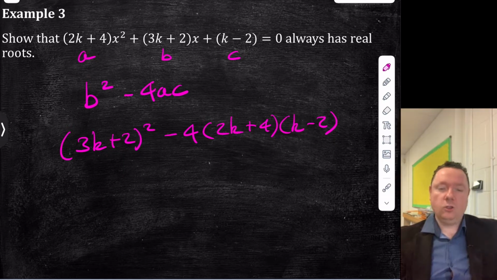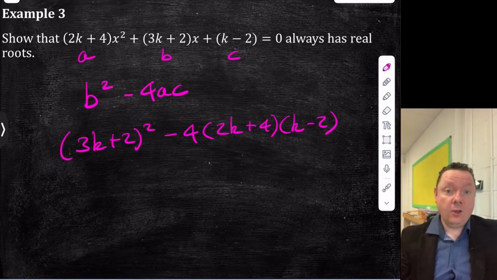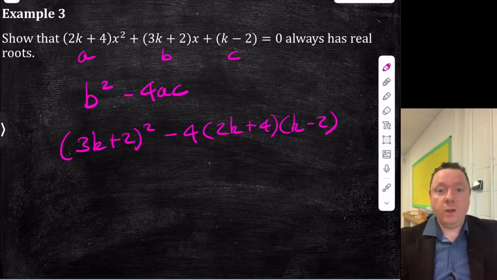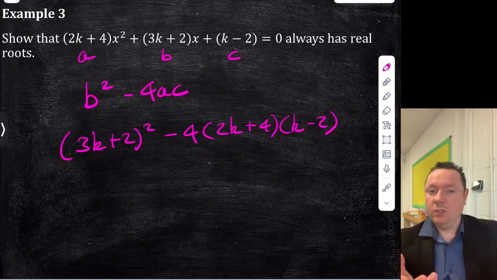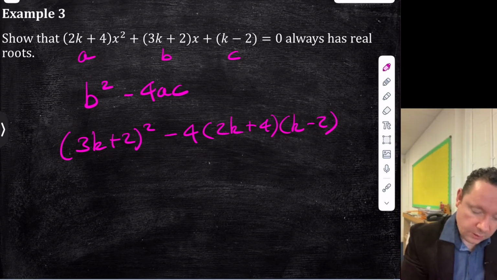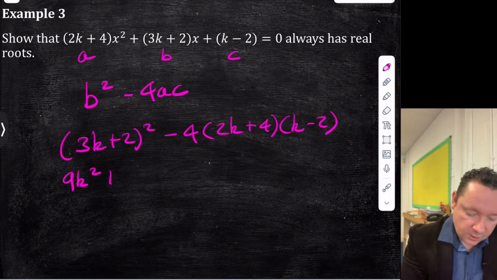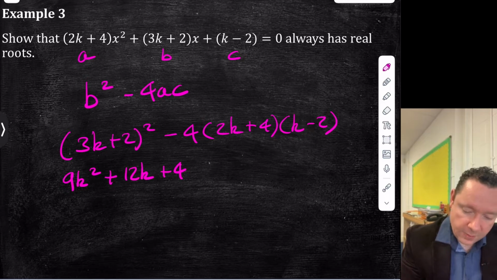So how are we going to do that? Well, if it's got real roots all the time, it means it could be a perfect square. If it's a perfect square, it means it could be square rooted. So we're going to complete the square essentially. We expand the bracket: 9k squared, 2 3s are 6 so I double that to get 12k, plus 4. Then expanding the second bracket, 2k times k is 2k squared, times minus 4, so minus 8k squared for the squared terms.